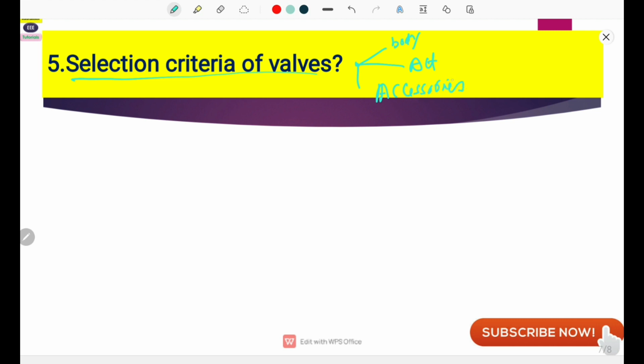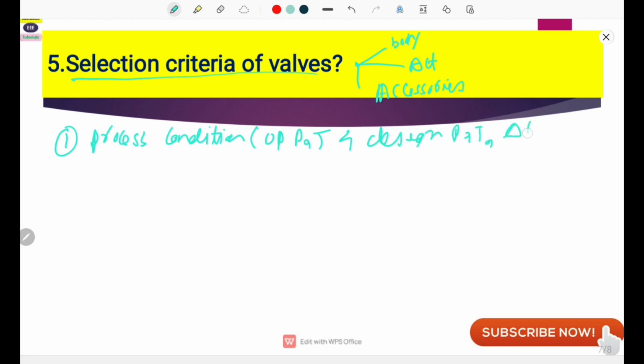So generally these are the parts which are selected, and the selection criteria of the valves depend on some process conditions. So in your process condition, what is the operating pressure, temperature, and also your design pressure and temperature, set off pressure, and also the fluid viscosity, etc.